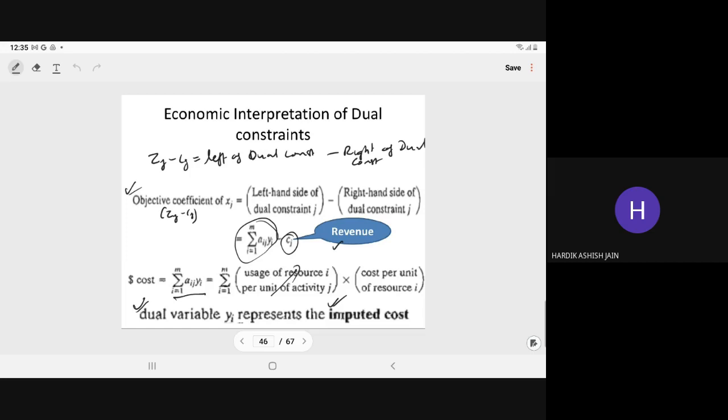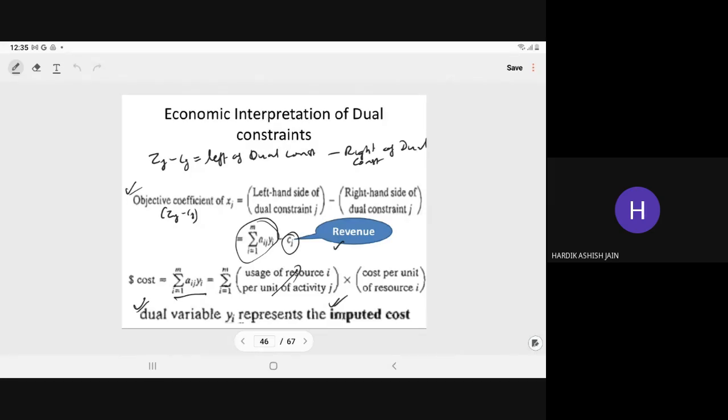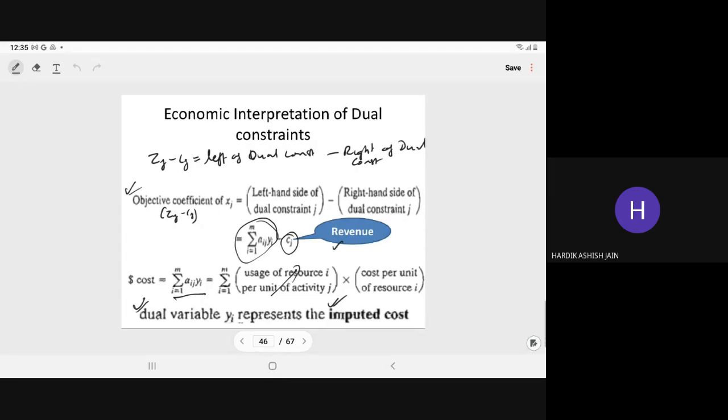Imputed means its importance, how much it is contributing in generation of that thing. So here, y is nothing; it is the cost, it is the money.